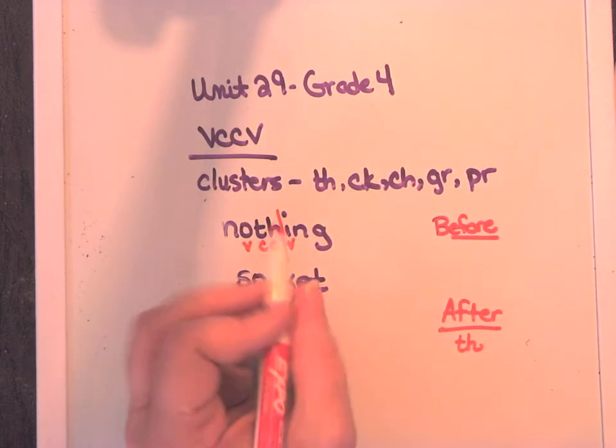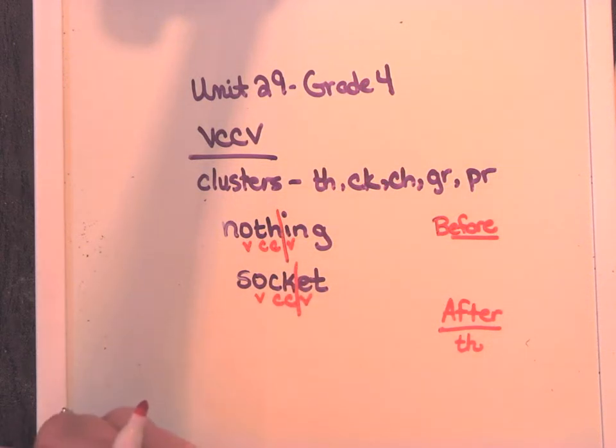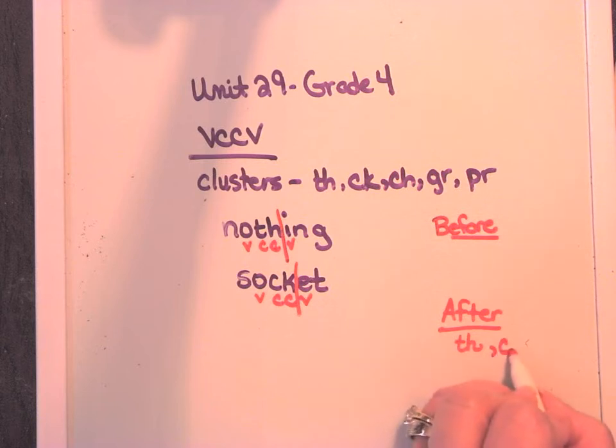Sock-et. And it divides again after the consonant cluster. So if I have a CK or a TH as my consonant cluster, I'm going to put it in the after section.